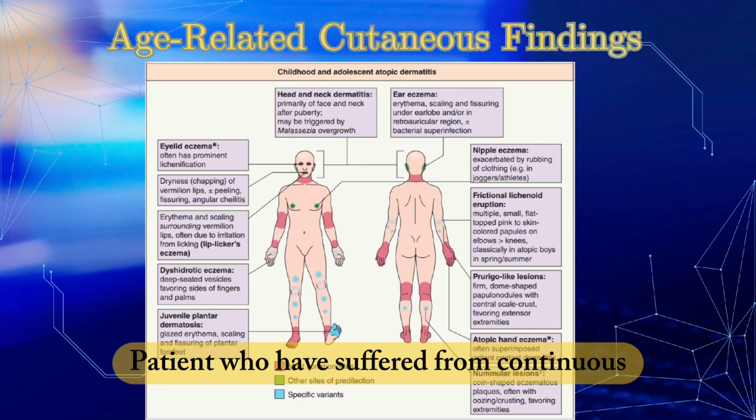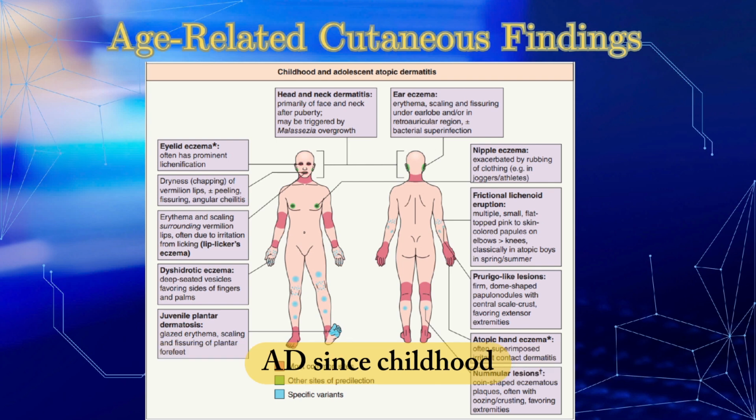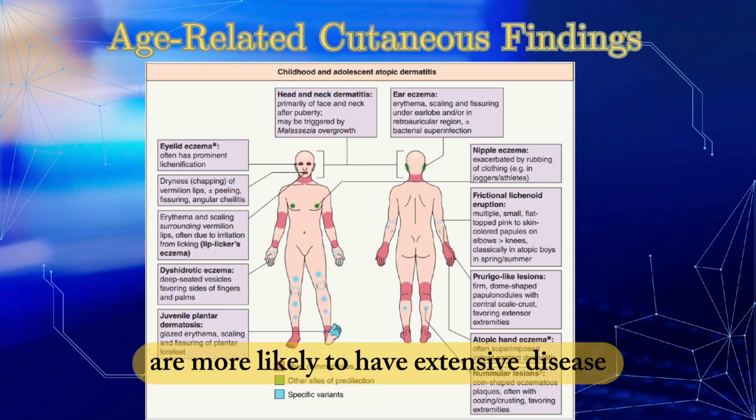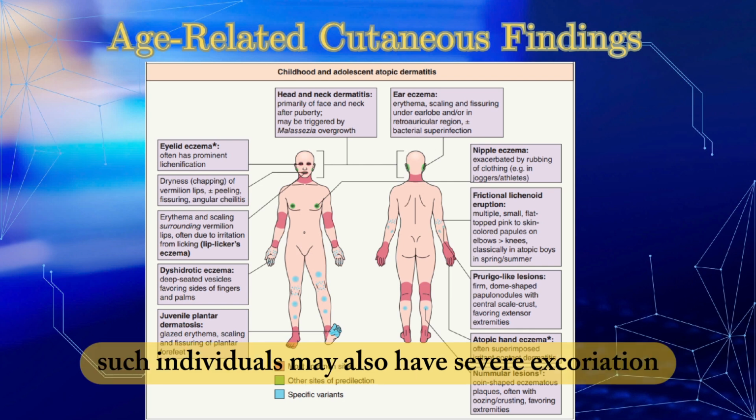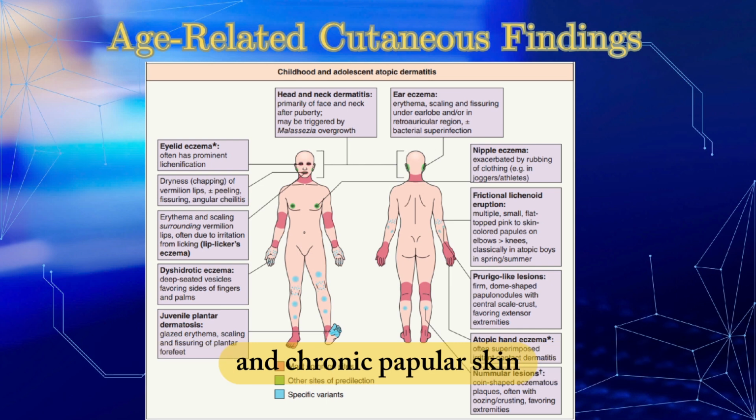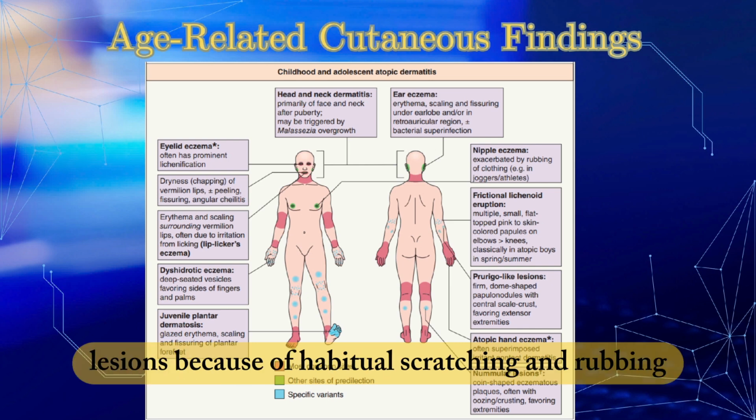Patients who have suffered from continuous AD since childhood are more likely to have extensive disease that is resistant to treatment. Such individuals may also have severe excoriation and chronic papular skin lesions because of habitual scratching and scrubbing.